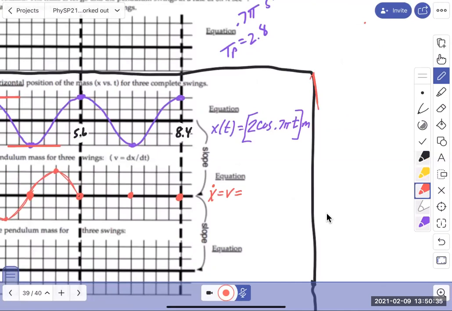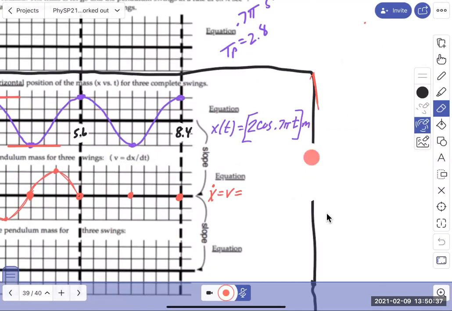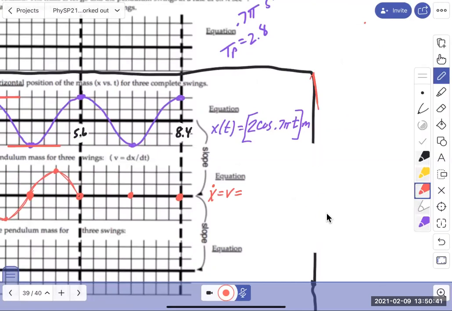So I've got to pull out what's inside that suitcase, which is 0.7 pi. So it's negative. The 2 comes down as well. Negative 2 times 0.7 pi times sine of 0.7 pi t, meters per second.